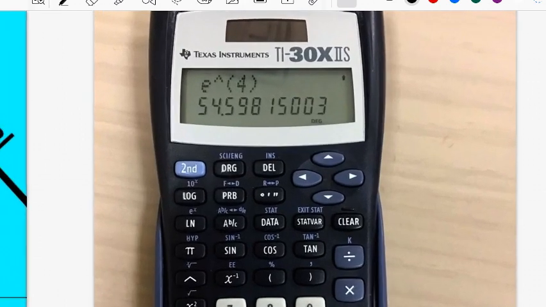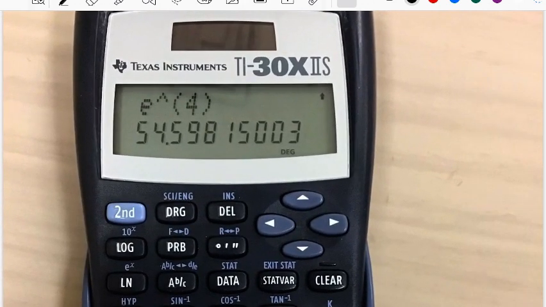You want to find the e button. Now the e button, or the e to the x button, is probably the one that is associated with your ln button. For most calculators, it's going to be a shift or second ln. So make sure you try it. Find your e to the x button, and when you do e to the 4, you end up with 54.